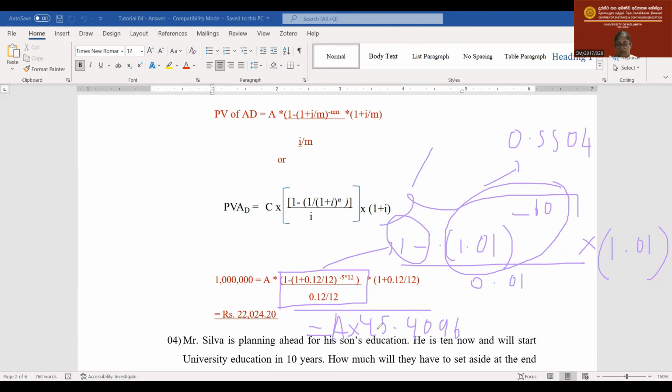What would be the answer? 22,021.77. Here the answer came as a whole number because I'm using the whole digits. If you get 22,021.78, that would be fine. It's totally fine, right?